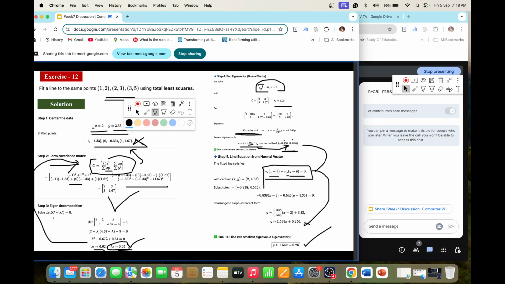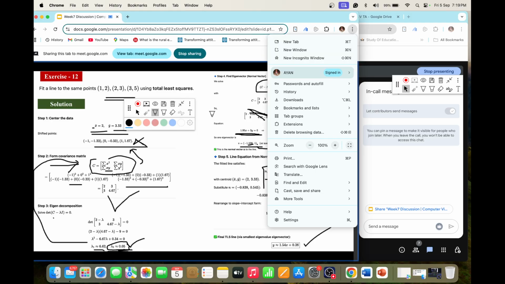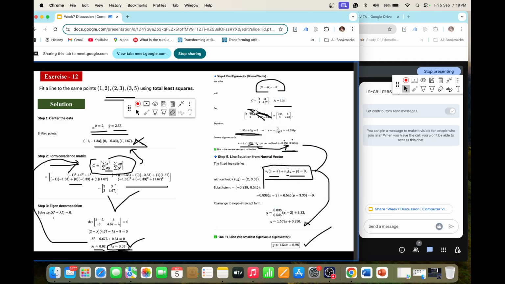And if you take C minus lambda, your C is this. So 2 minus 0.05, 3 minus 0.05, sorry, not 3 minus, it is C minus lambda I, right? So only in the diagonal, okay? Lambda I is nothing but 1001, so your values are only on the diagonal, 1 1 0 0.